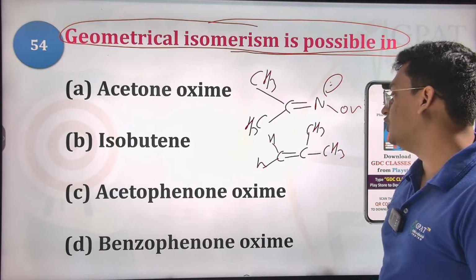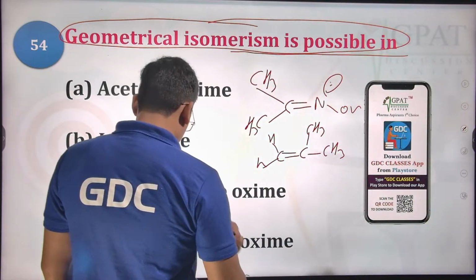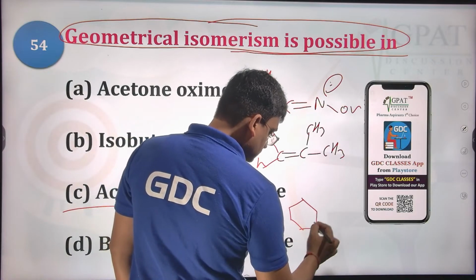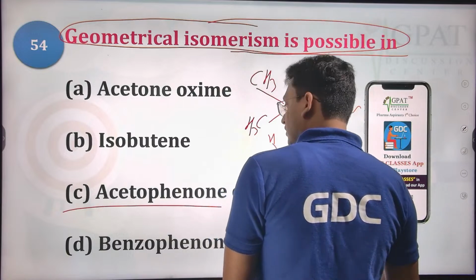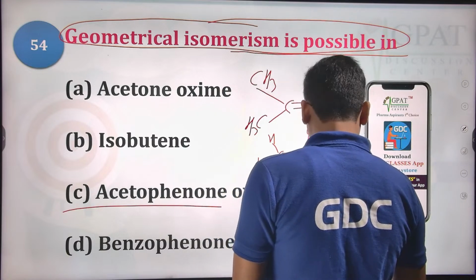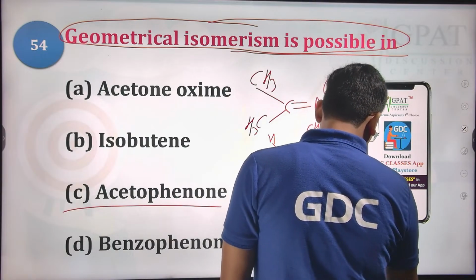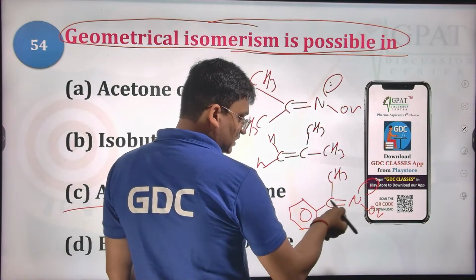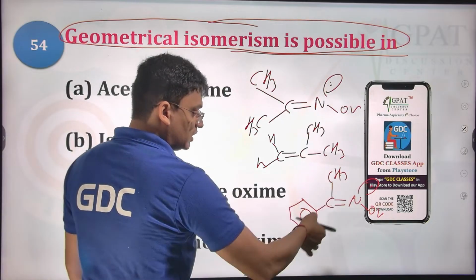Next, acetophenone oxime. This can be the correct one. We are having aceto and phenone, with NOH and lone pairs. The carbon with the double bond is having CH3 and phenyl groups, so both the groups are different.